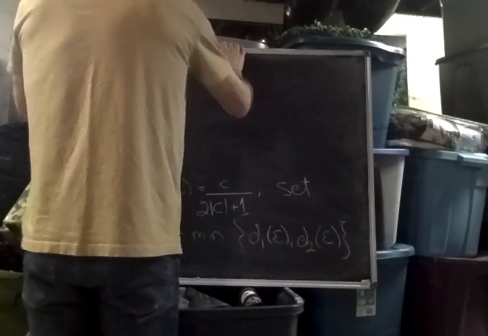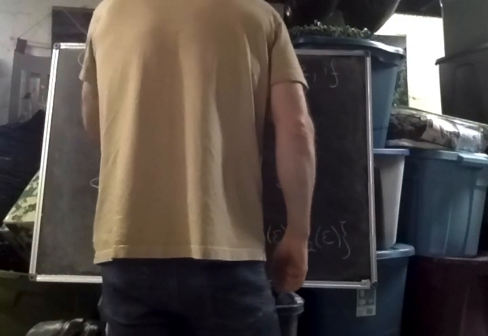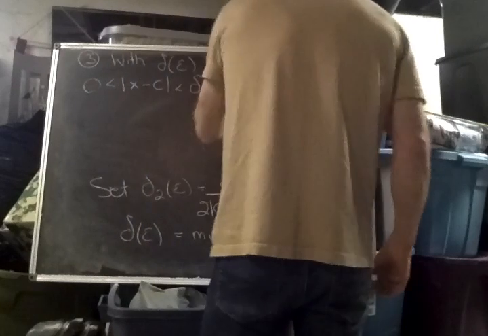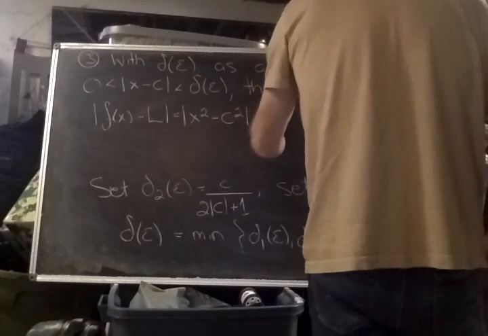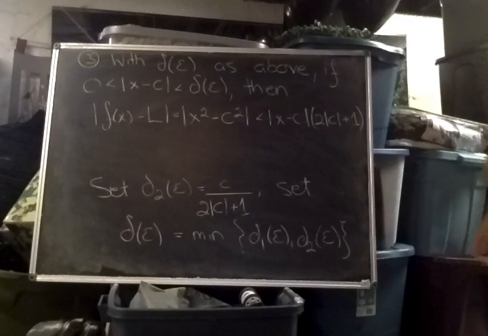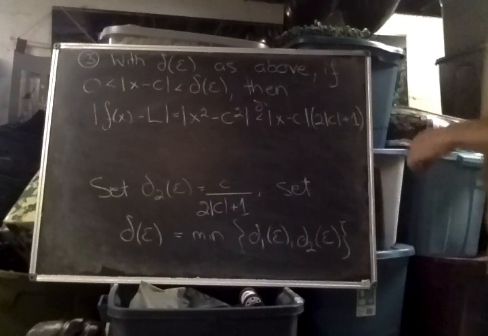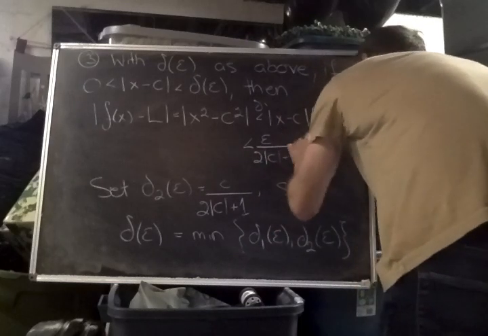Okay, so part 3. We would just say with delta of epsilon as above, if it is the case that the distance from x to c is less than delta of epsilon, then the consequence is that the absolute value of f of x minus L, in our case equal to x squared minus c squared, is first of all less than the absolute value of x minus c times this constant, 2 times the absolute value of c plus 1, and this is thanks to your delta 1 here, and subsequently less than epsilon over that constant times that same constant.